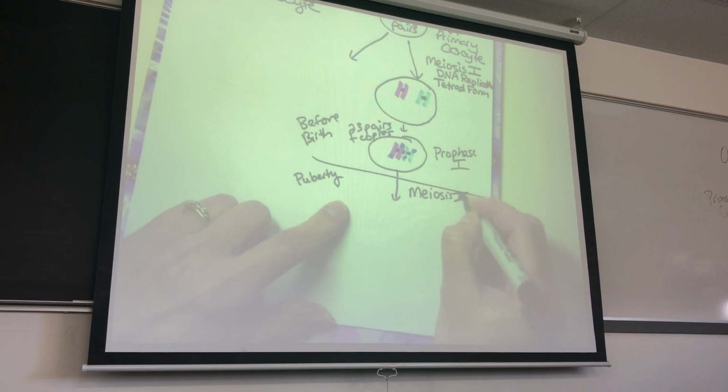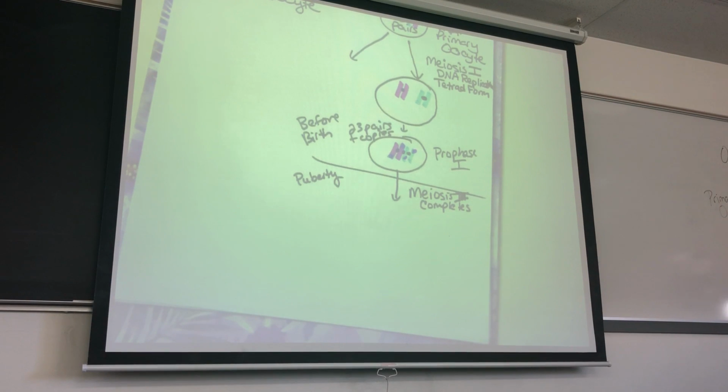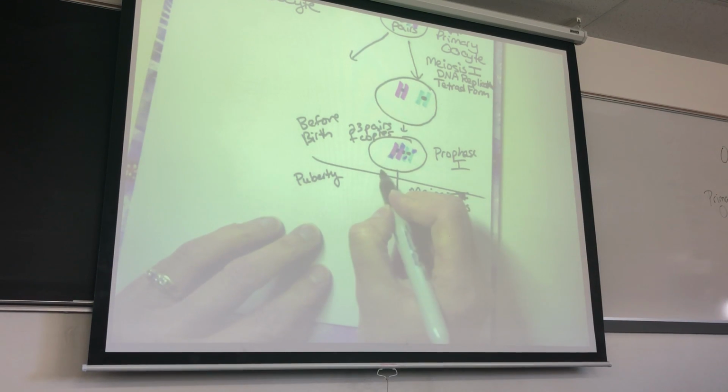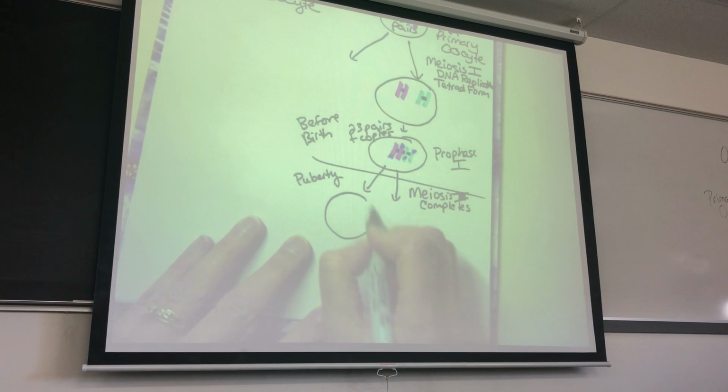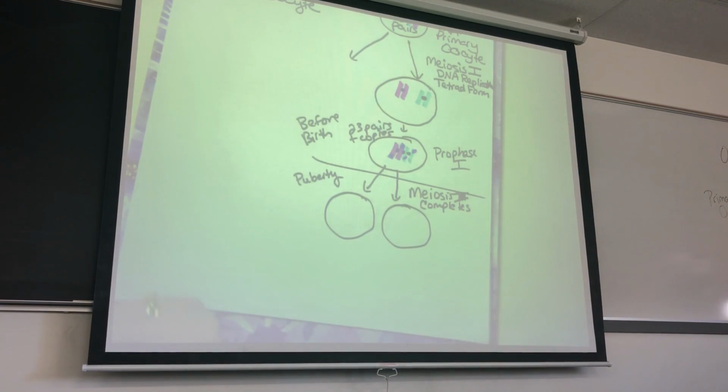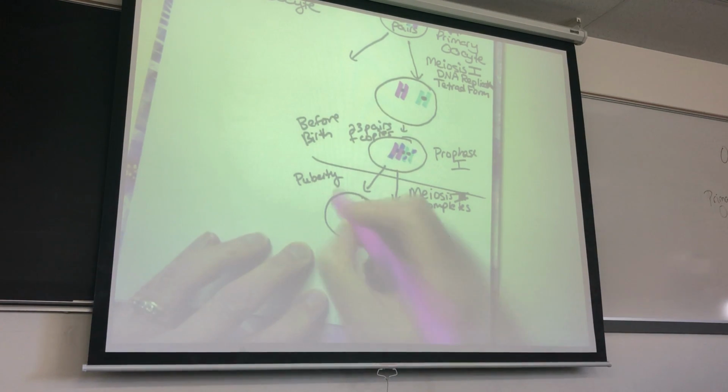Meiosis 1 completes. So what happens at the end of meiosis 1? After that divides, we get 2 cells. We get the maternal cells over here.